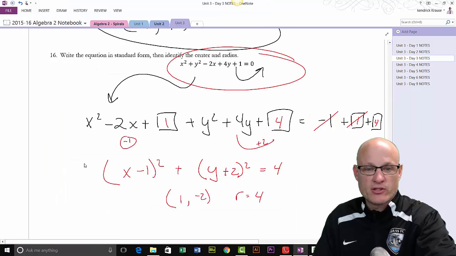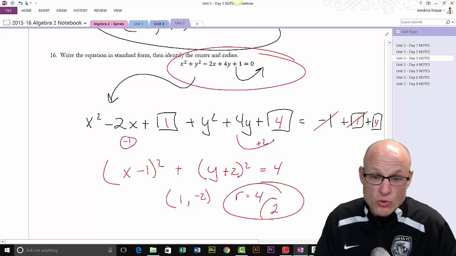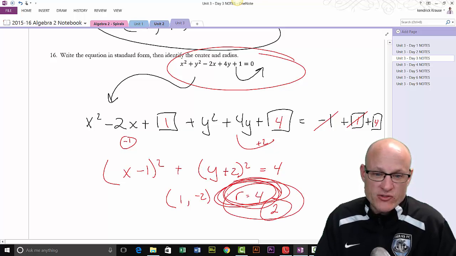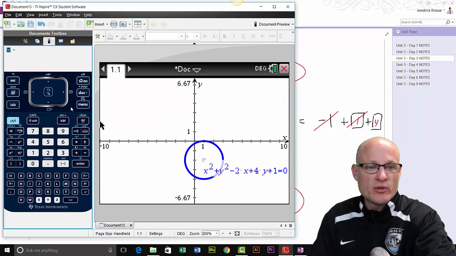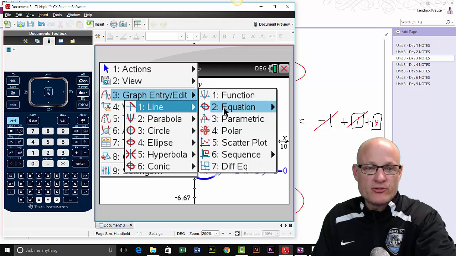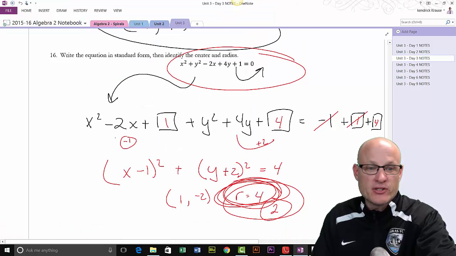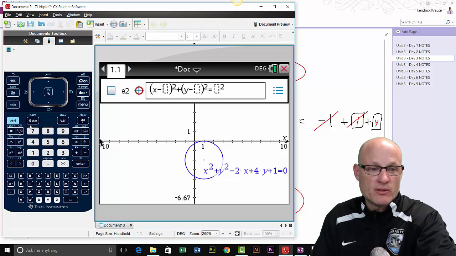Looks like I've got a radius of... Oh, look, I made a mistake here. See, the radius is 2. Let me show you what would happen if I made this mistake. So we go to menu, graph entry, we go equation, we go circle, and we go in this form. And if I put it in, let's see, minus 1, so no, that's minus 1.